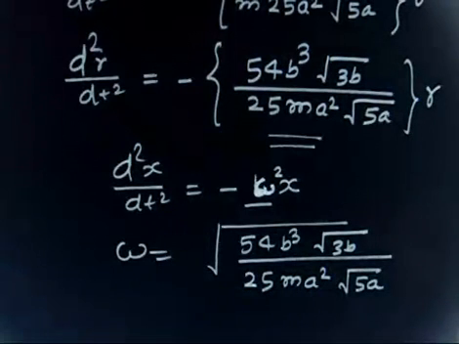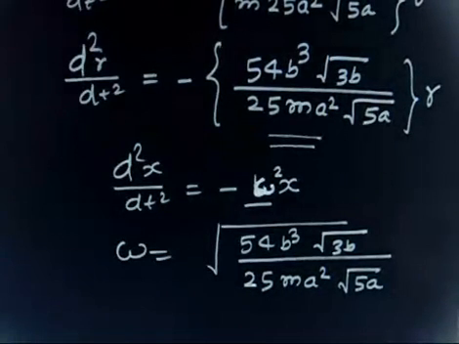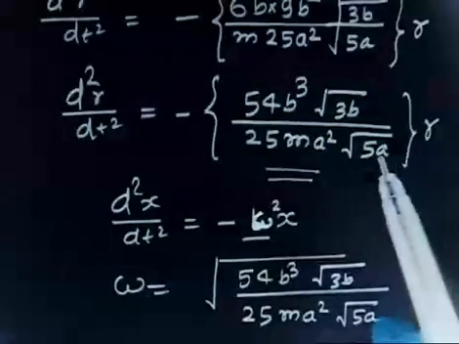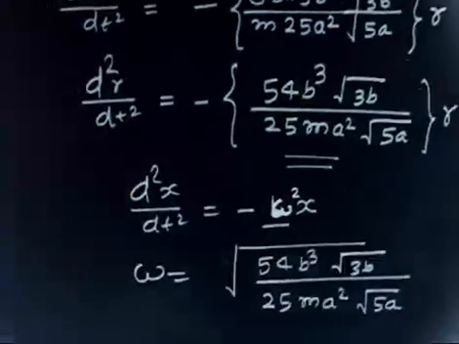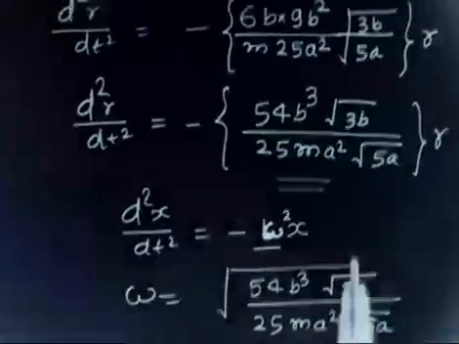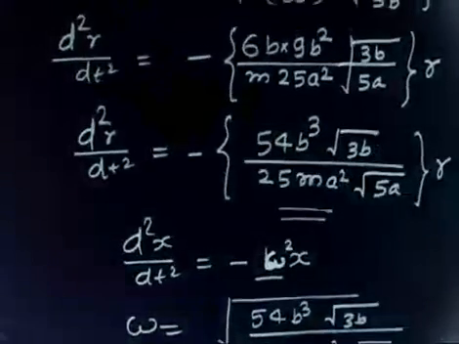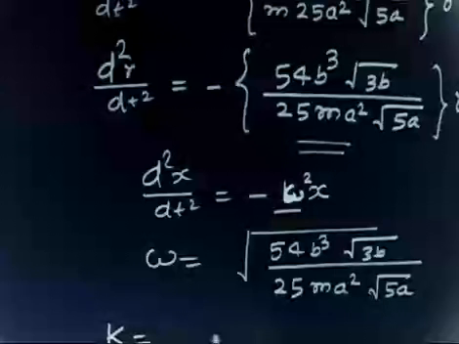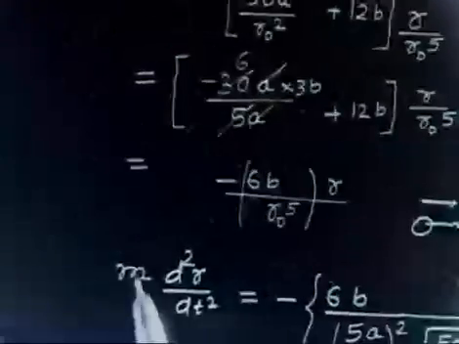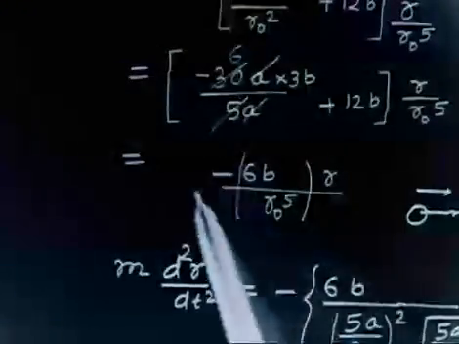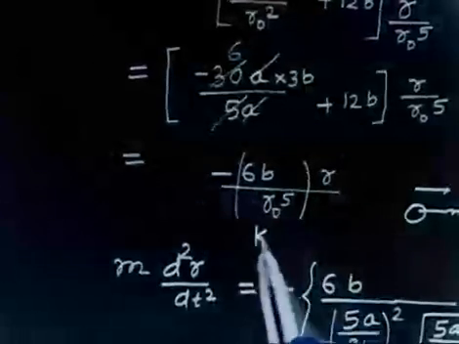And the force constant is this divided by mass, and this multiplied by mass. So force constant K will be simply omega square multiplied by m, and that will give you the force constant. You can verify yourself. Are you getting or not? So this is the force, you see, you don't have to equate mass into acceleration. I can say force is K times r.